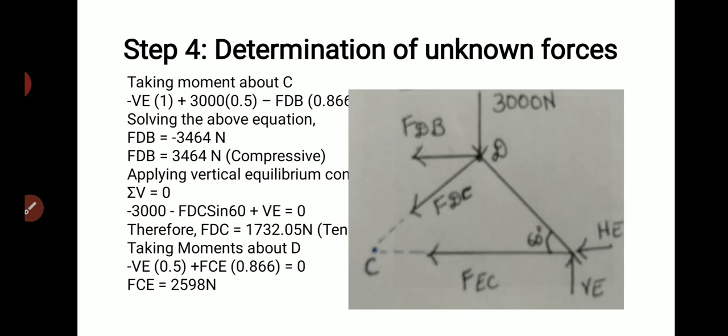After that, I need to take the vertical or horizontal equilibrium conditions in order to solve the remaining unknown force. The last step is that I need to take the moment at the regular joint so that the remaining unknown forces are determined.